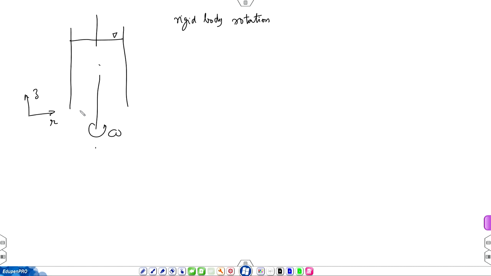So, it will be minus v square over r. So, like we have two equations in x and z, we have two equations in r and z. Where v is equal to omega r.